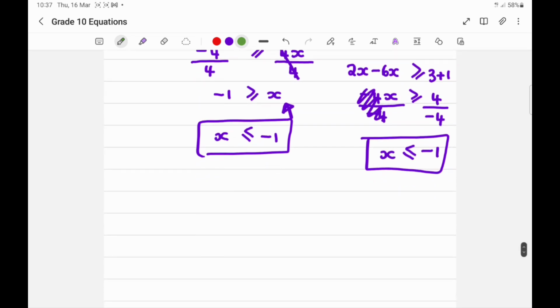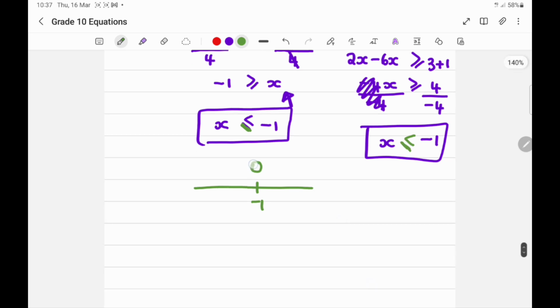And the way you would represent this on a number line is x is smaller than or equal to negative 1. So all you have to do is mark negative 1. Now, very important, because there's an inclusive sign over there, you have to color in your dot because it's inclusive of negative 1.